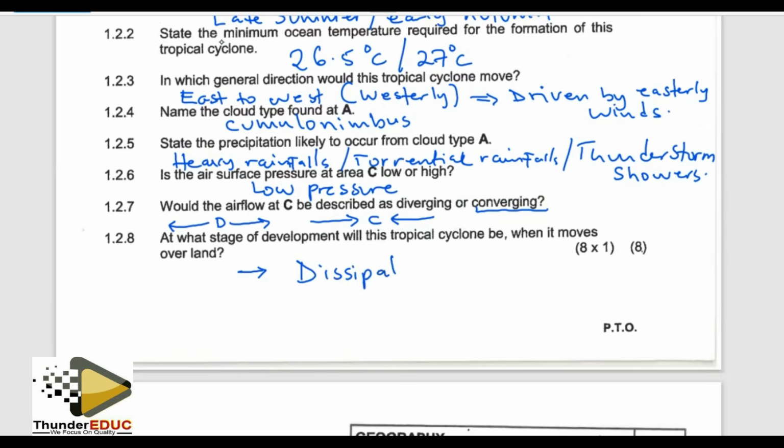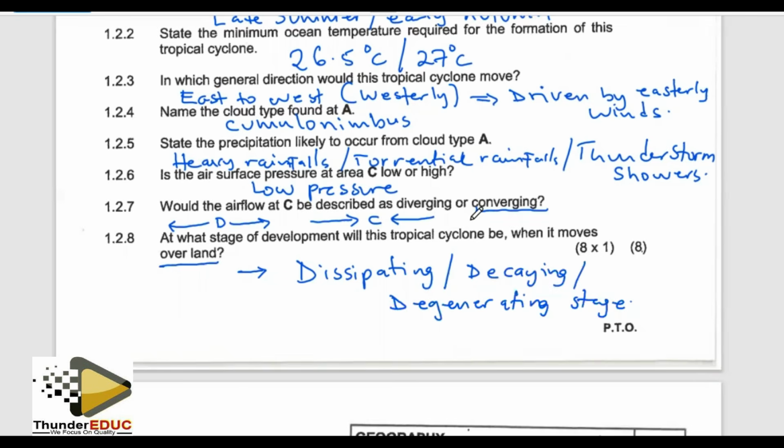We could say dissipating, or decaying, or degenerating stage. Whenever it reaches the land, there is friction. That means there will be less heat, less evaporation and condensation, which affects its strength, making it weaken, and eventually it will dissipate.